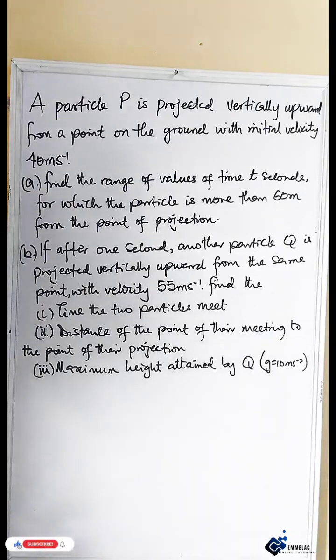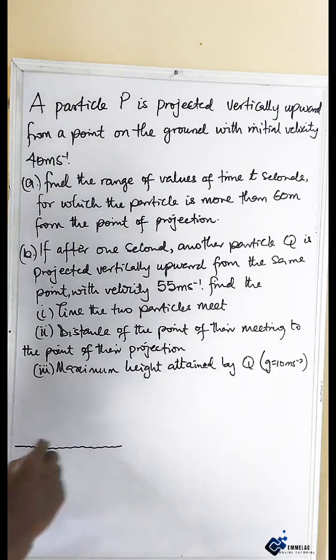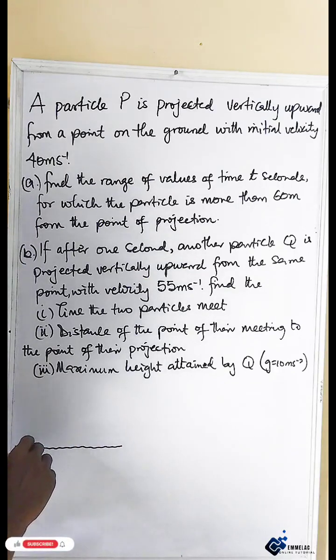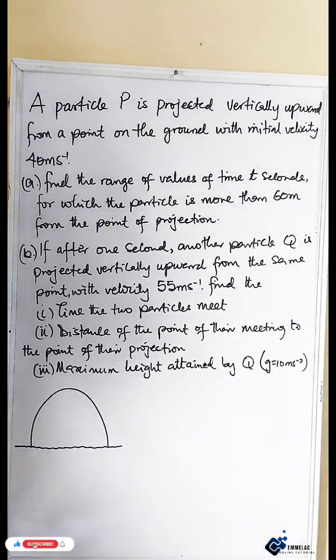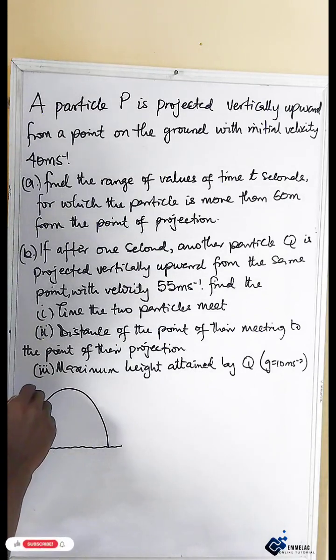Now let us look at it this way. From the diagram, a particle P is projected. Let us assume that this is our ground. We are told here that the initial velocity is 40 meters per second.